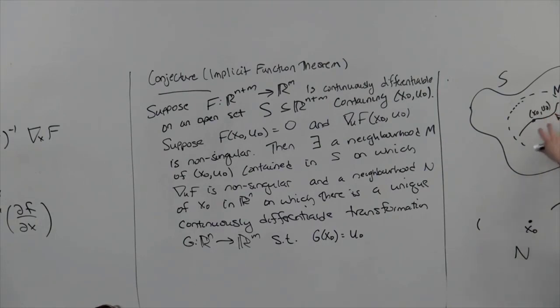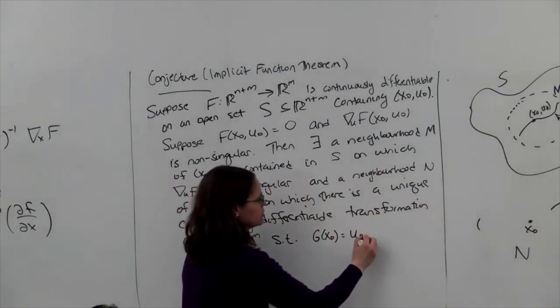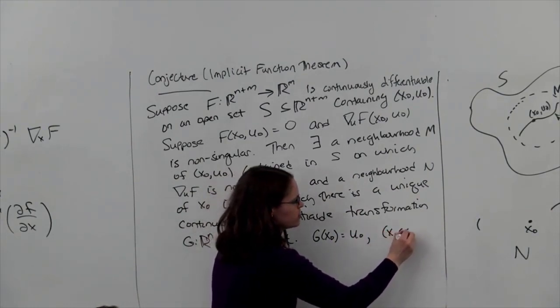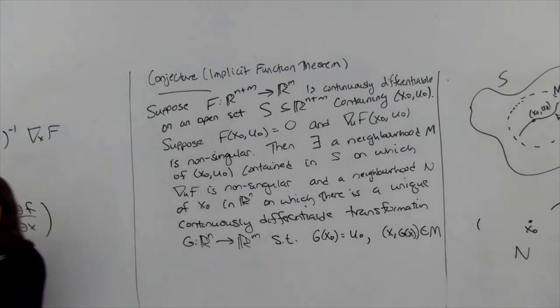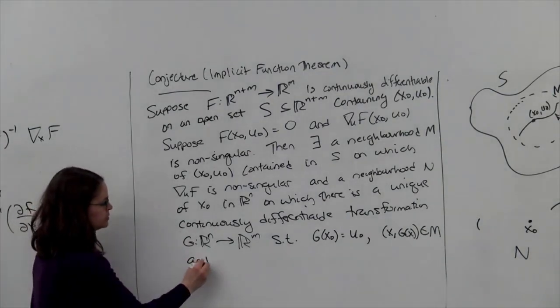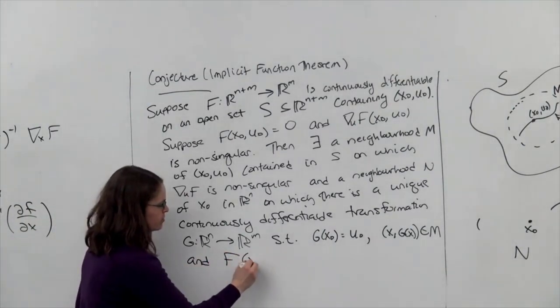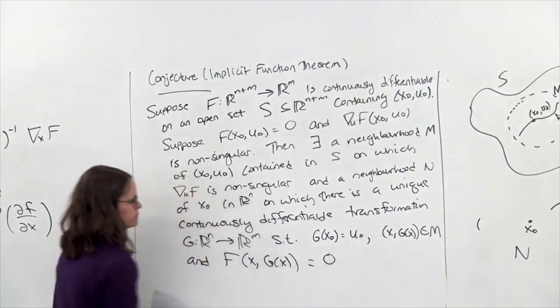It stays close by to our reference point. Okay, so x, g of x stays in this neighborhood M. It's a funny looking statement, but all it means is that we're staying close to our reference point. And f of x, g of x, here's the thing we really want, is equal to 0.